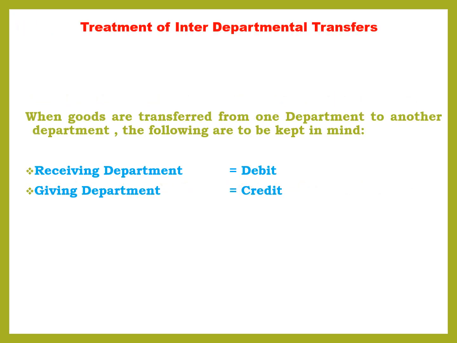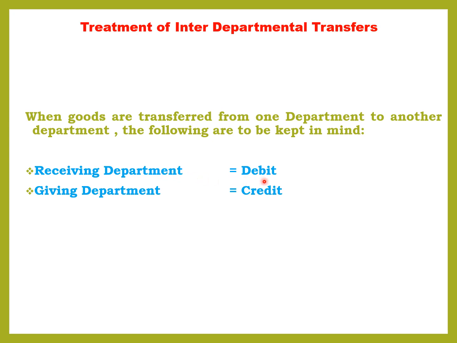Treatment of interdepartmental transfers. Students, sometimes one department will transfer goods to another department. Department A transfers goods to Department B. So such interdepartmental transfers are to be accounted for. So when goods are transferred from one department to another department, the following are to be kept in mind.